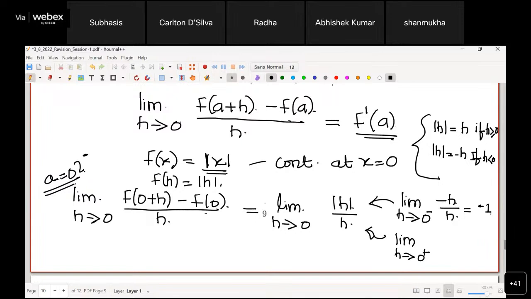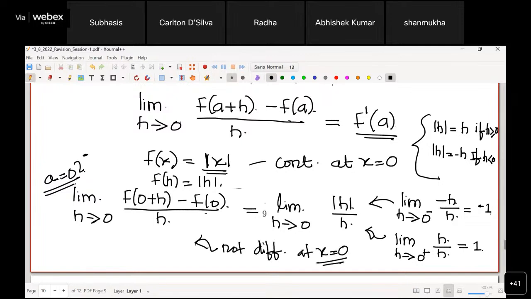So modulus of h is nothing but h. So h by h will get 1, right? So I'm getting two different limits. My right hand limit value is different from the left hand limit. Okay, that means this limit doesn't exist. So that means this function is not differentiable at x equal to 0.